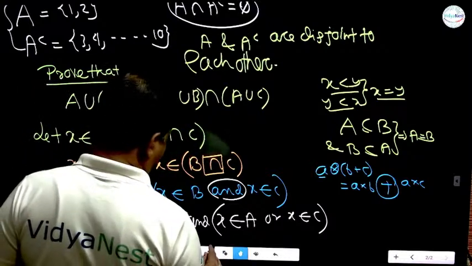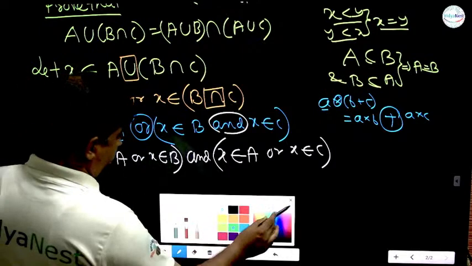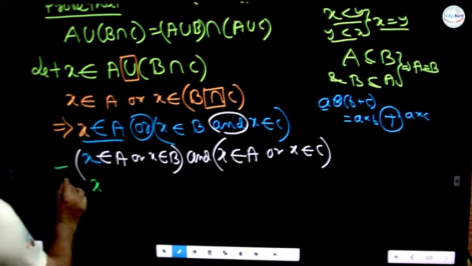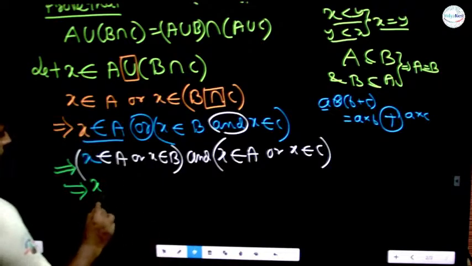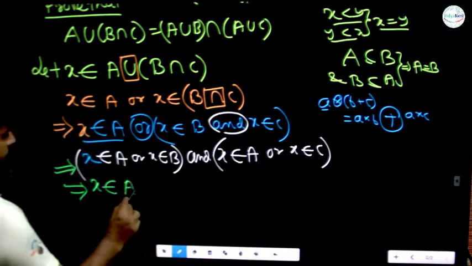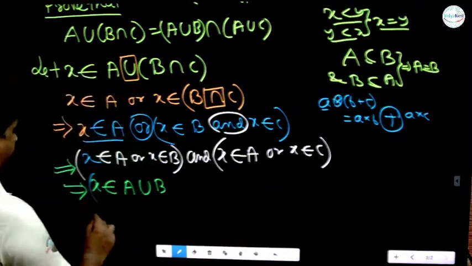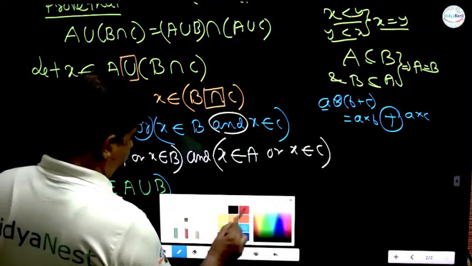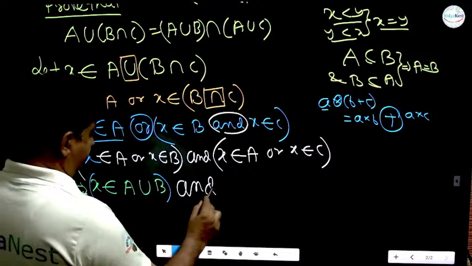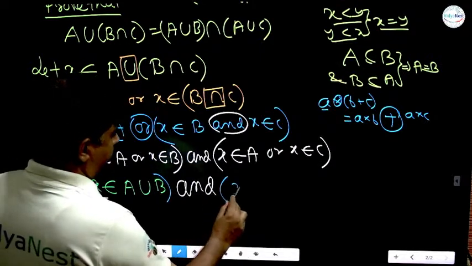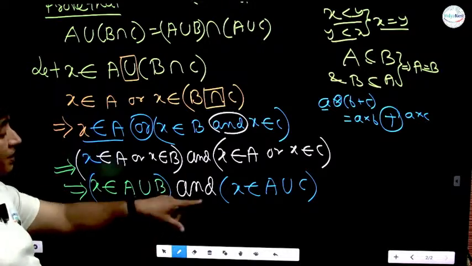Now, OR means union, and AND means intersection.